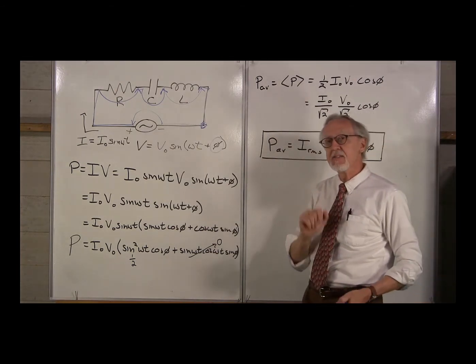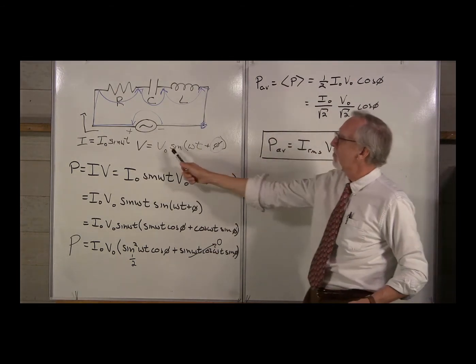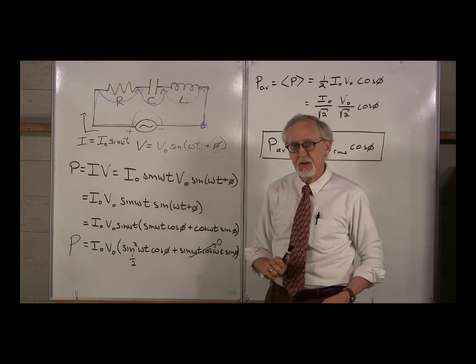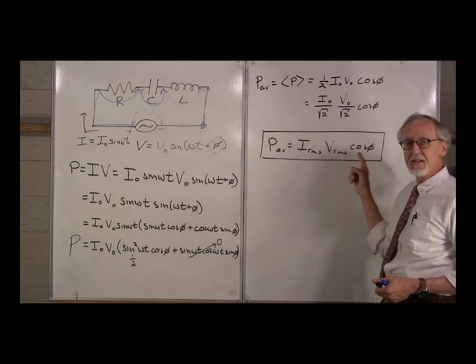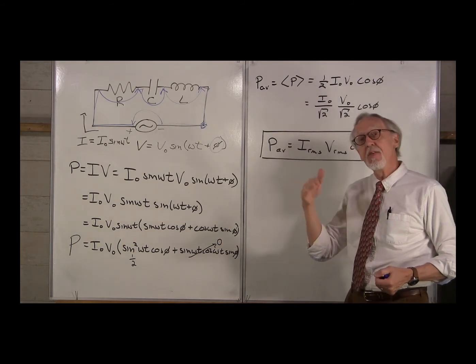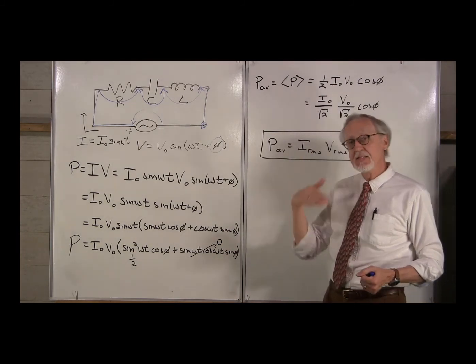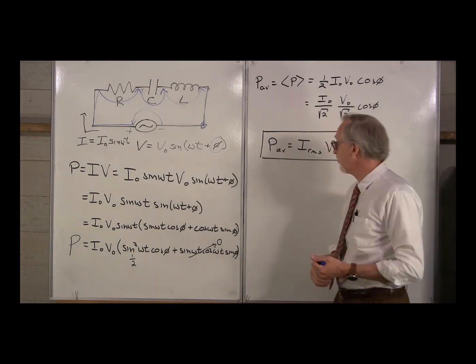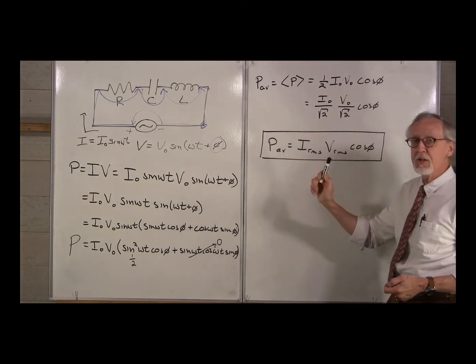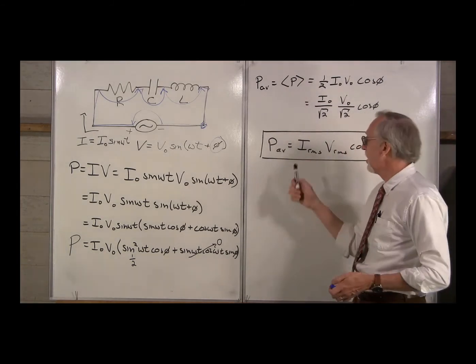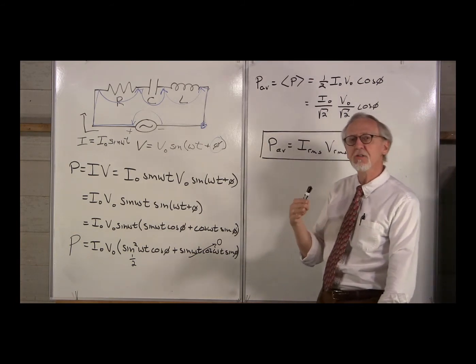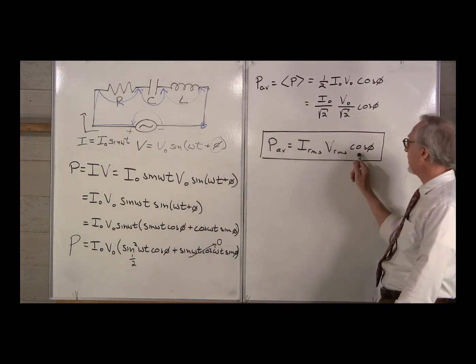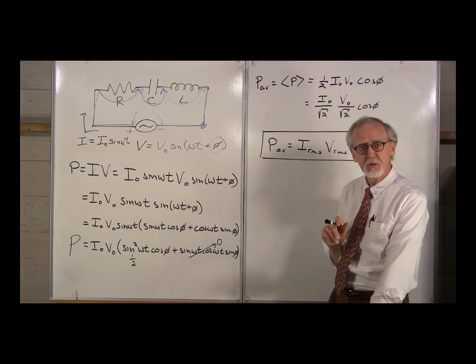However, what if phi is not 0? If the voltage is out of phase with the current, either in front or behind, cos phi is a number less than 1. And whether phi is positive or negative, it's still going to be less than 1. In that case, the power used is reduced from just the product of I RMS V RMS. The circuit uses less power because of that factor of cos phi.